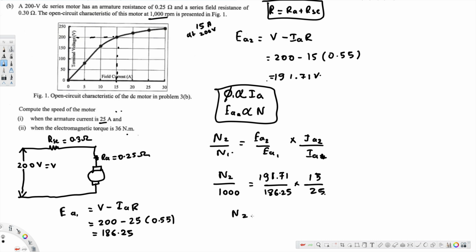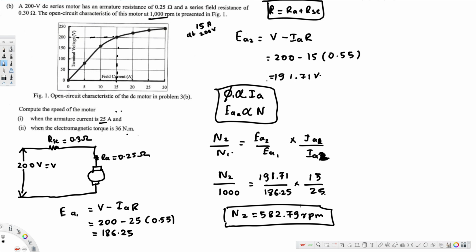So N2 becomes 582.79 revolutions per minute. This is the speed when the armature current is 25 ampere. So this is IA1, this is IA2. Okay, that's correct.